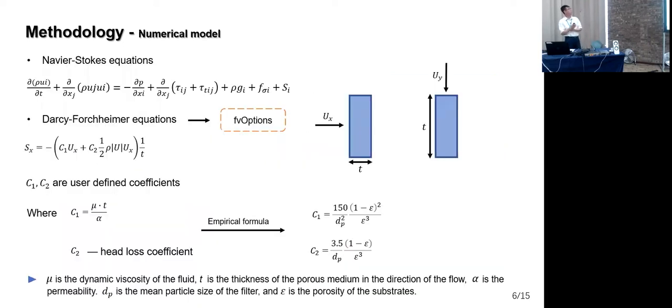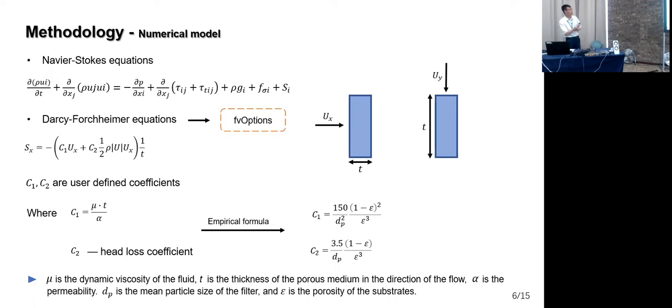This is the basic porous media theory in my study. Porous media is modeled by attenuating the time derivative and by adding a source term to the Navier-Stokes equations. In my case, I use fvOptions to add the Darcy-Forchheimer equations as a source term.